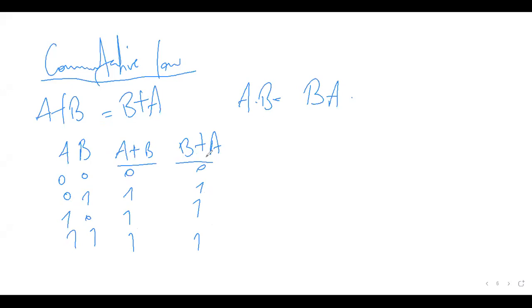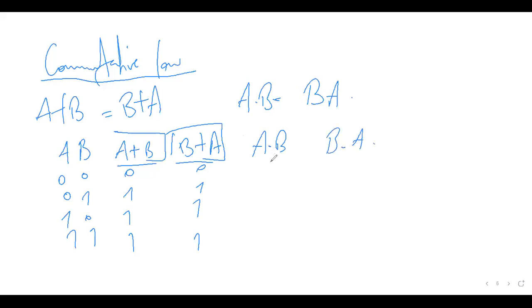It sounds simple, but when you are given a very big circuit that needs simplification, you probably won't identify where the A plus B's and the B plus A are. So you need to understand and know when to identify this law, commutative law. The same with AB and BA.